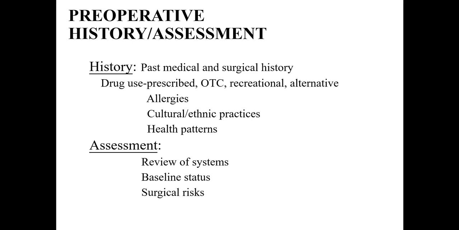The respiratory system. You need to know if the patient has any history of pre-existing pulmonary problems. You can get blood gases, assess their pulmonary function, especially during your assessment, because surgery is usually contraindicated for a person who has any kind of respiratory infection.